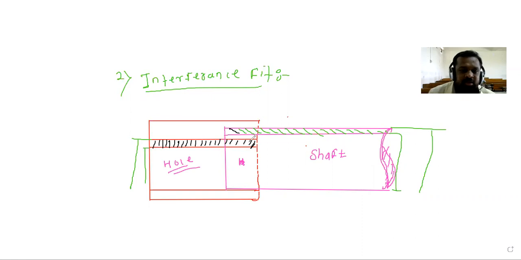Now see here, when such type of arrangement is there, it is called the interference field. Then tell me how to write the definition here. Please faster.